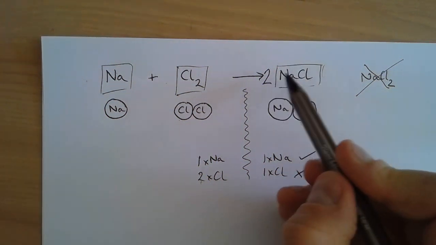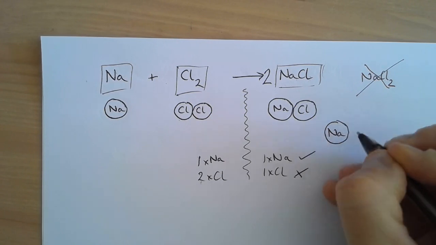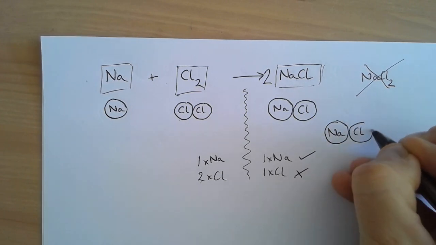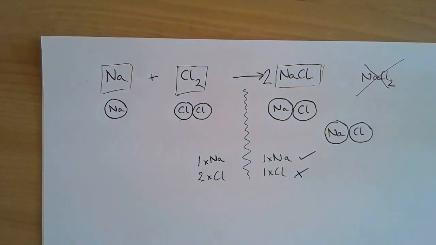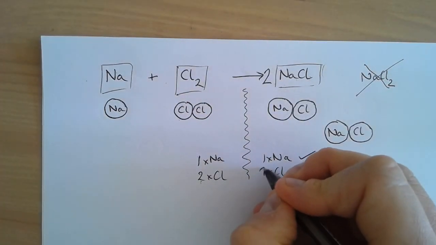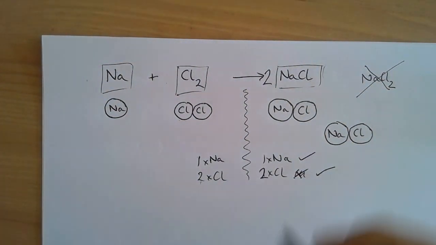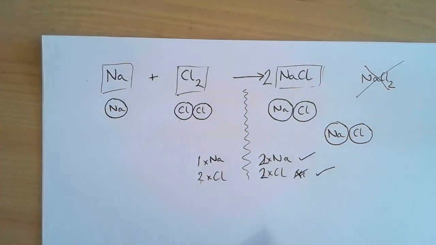What that does is means that there are 2 each of these. So I'm going to add another NaCl. So that has now made this 2 chlorines. So this is balanced. But in the process of doing that, it has unbalanced the sodiums.